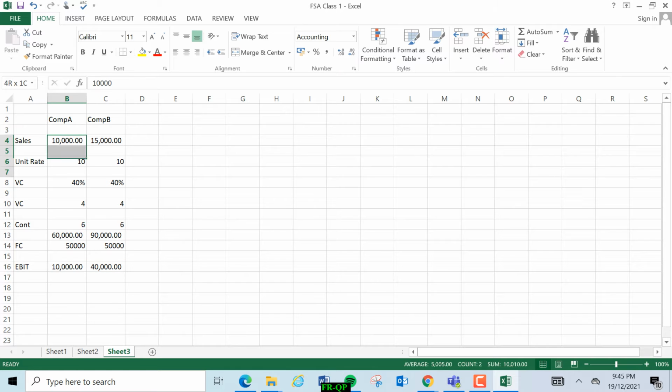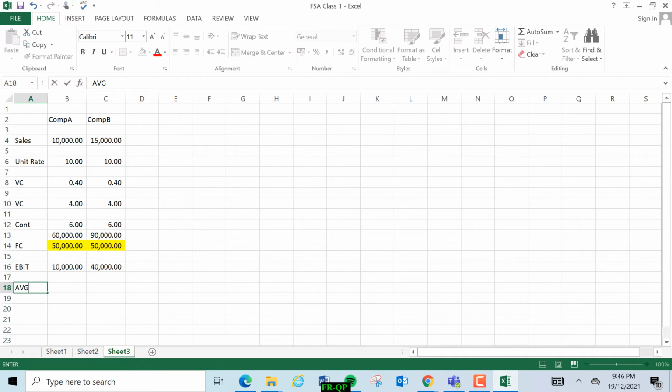Can you just tell me, based on this information, which company is getting more benefit of their fixed cost? A Limited is getting more benefits. Is it? Or B Limited is getting more benefits?